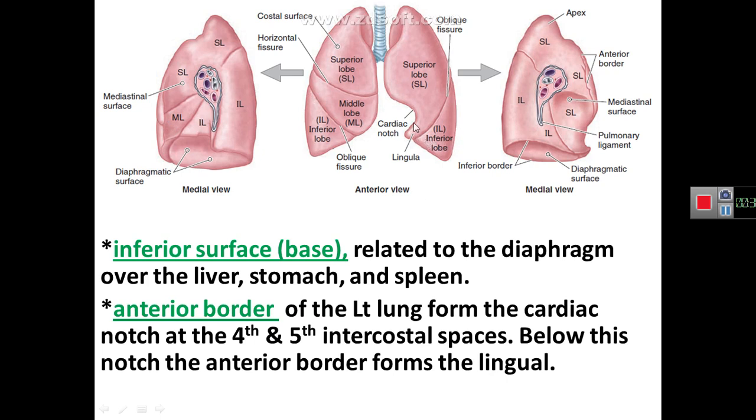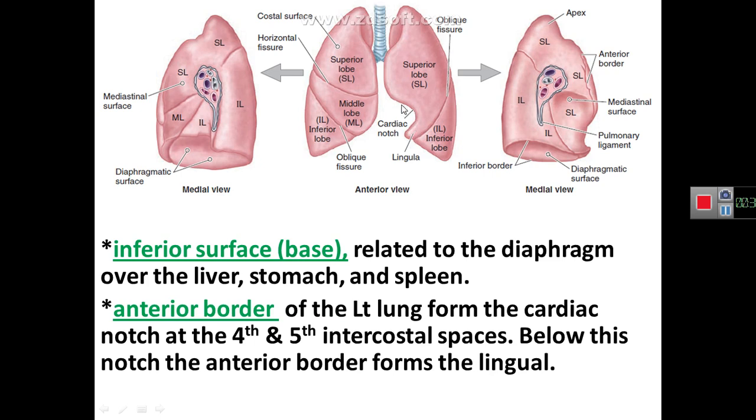And we can see that the anterior border of the left lung is deviated inferiorly in the region where the heart is lying, and this deviation forms a notch for the heart, which is called cardiac notch. This notch deviates from the midline laterally and to the left at the fourth and fifth intercostal spaces.